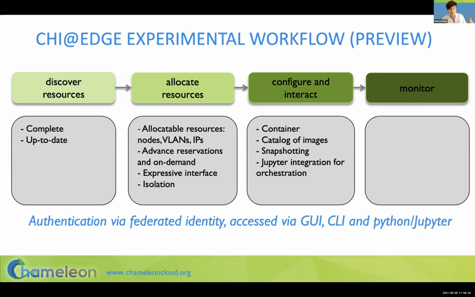So you can allocate nodes, VLANs, and IPs as before. You can make advanced reservation for those edge devices. You can allocate those advanced edge devices by saying, well, I want a Raspberry Pi or I want a Nano, or you can say, I want this particular Nano that is connected to that drone, right? You can say that as well.